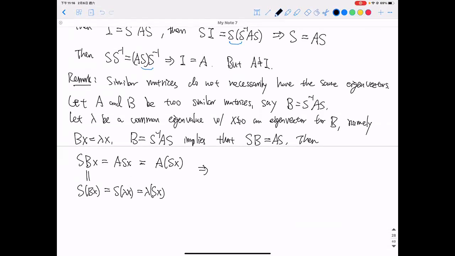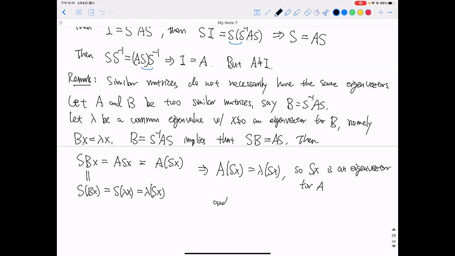So what we get is A SX is lambda SX. So SX is an eigenvector for A, right?